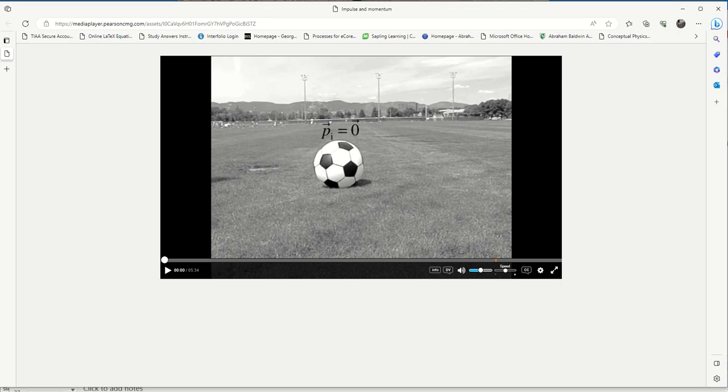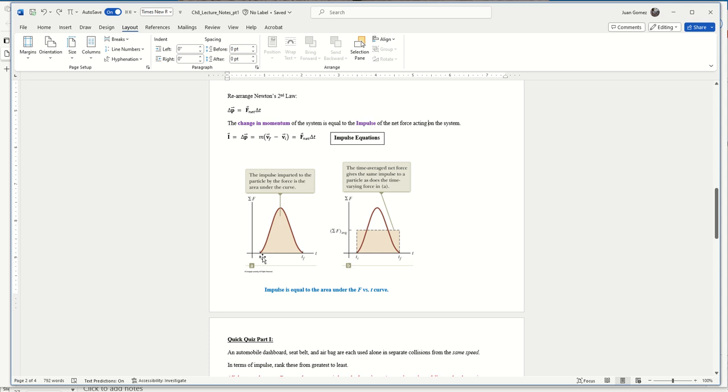So the idea is that T initial, that's when the foot and the soccer ball initially make contact, and then the force exerted on the soccer ball is increasing. When you hit the max force, the soccer ball has been deformed, compressed to its maximum compression.